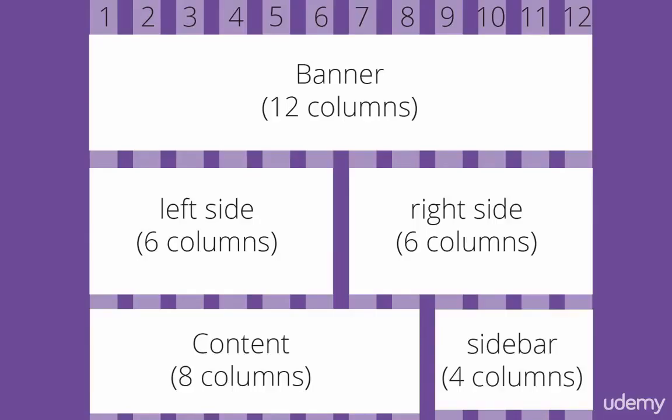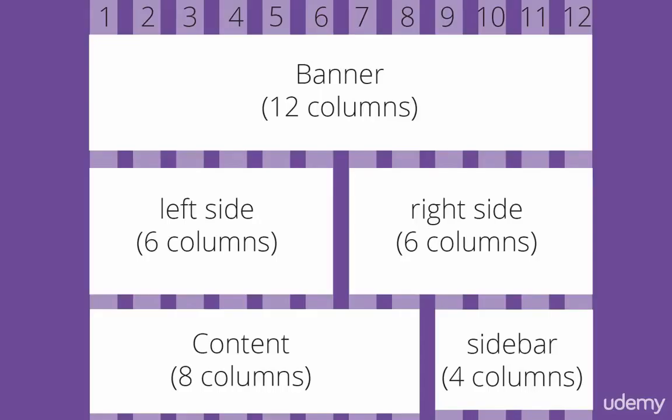Then there might be times where you want your content 8 columns wide, and then a sidebar with adverts or a navigation that is 4 columns wide. That's the great thing about Bootstrap: we've got all these different options to choose from whenever we are using the Bootstrap grid.